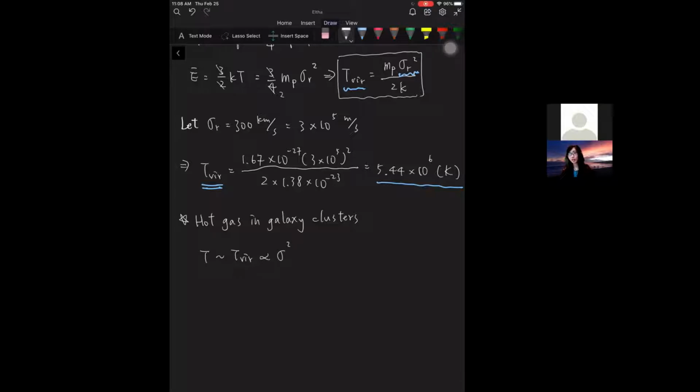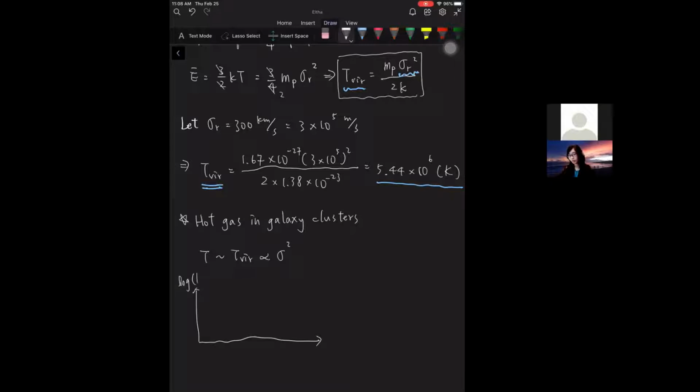You may also have seen a plot from the lecture showing an empirical relation between the X-ray luminosity and the X-ray temperature.